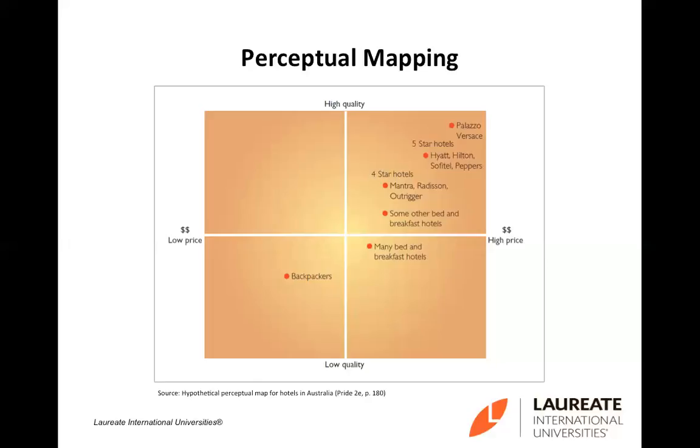What is the next thing after we establish the analysis of the positioning? Marketers would normally then decide which positioning they can create. If we go back to this positioning map, high quality, high price is maybe too crowded. So if you are in the hotel industry, assuming this positioning map represents the market in Australia, then the one we can consider no man's land is the low price, high quality type of perceptual map.